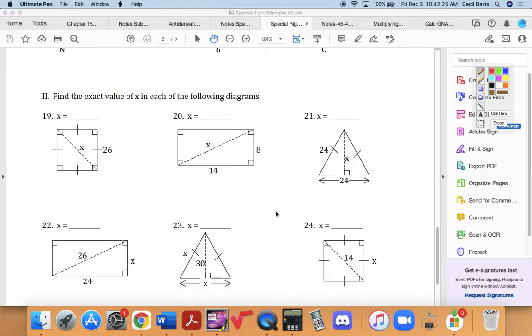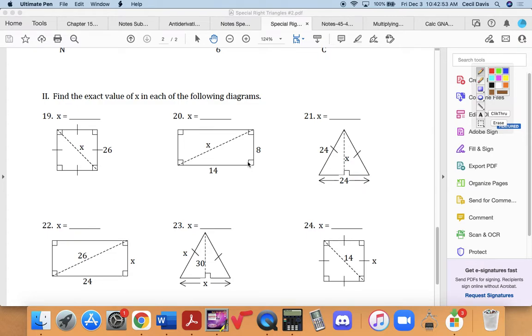All right. So for number 20, when we draw in the diagonal in a rectangle, what kind of a triangle is this triangle over here? 30, 60, 90? How do you know that? Didn't watch the lesson very closely then, because it's not. No, it's not a 30, 60, 90 triangle.